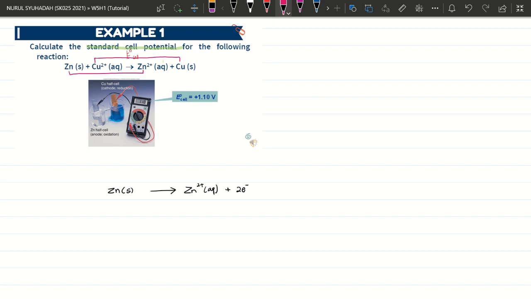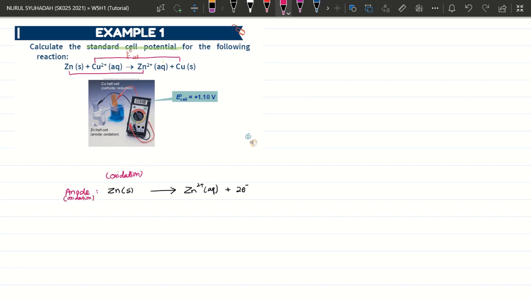Since this is an oxidation process, let me just write it down. Oxidation occurs at the anode, so you label it as anode. Anode is compulsory, and it is better if you also put oxidation.